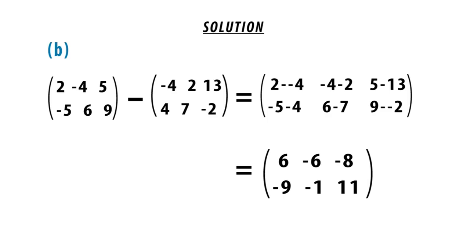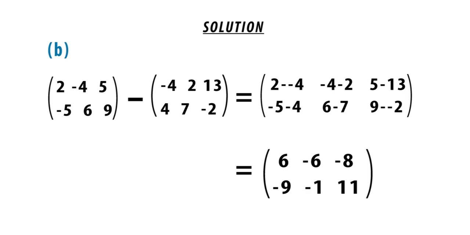We'll simplify that to get 6, negative 6, negative 8 for the first row, and then negative 9, negative 1, and 11 for the second row. Therefore, the matrix is 6, negative 6, negative 8, negative 9, negative 1, 11. Good.